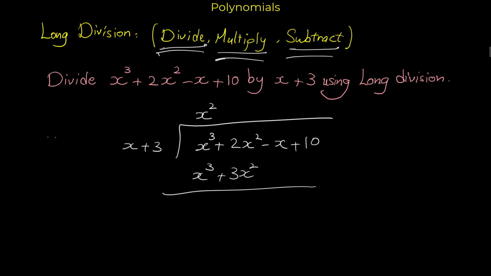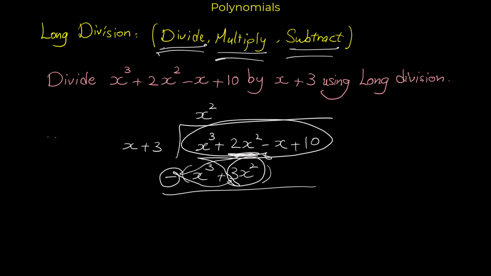Because we want to subtract, we put a negative outside of this. X to the 3 minus x to the 3 would be 0, and we don't need to write 0. Then we have 2x to the 2. Pay attention, we have 2x to the 2 minus 3x to the 2.